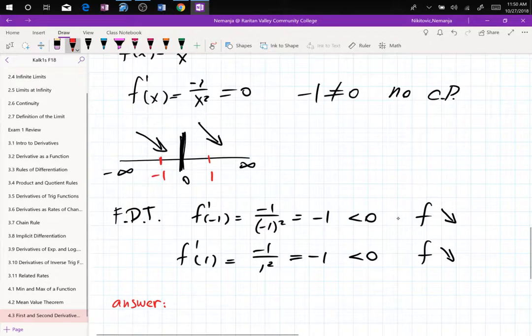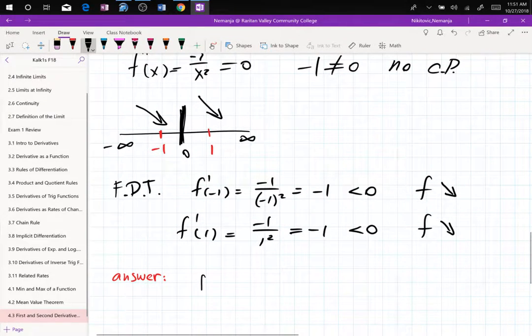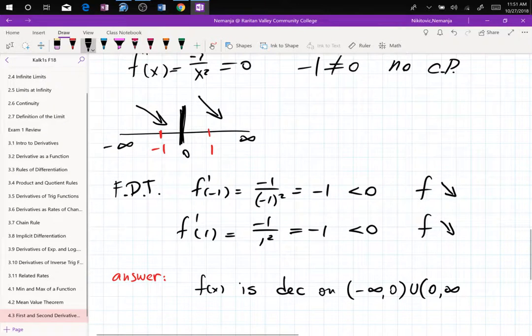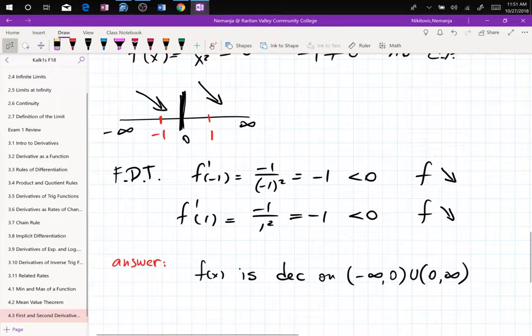So I will say f of x is decreasing on -infinity to 0 union 0 to infinity. So we are uniting the 2 sets, and we have no min or max.